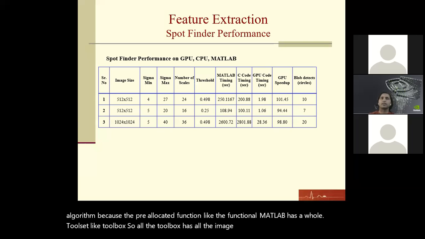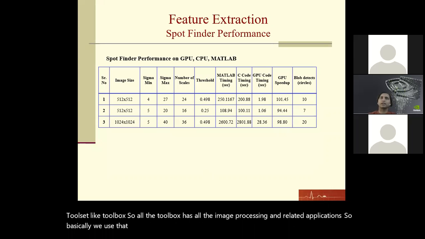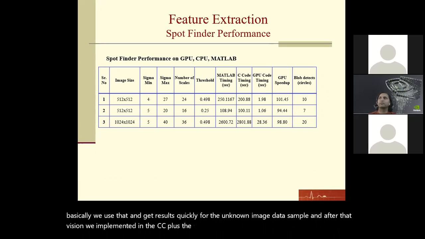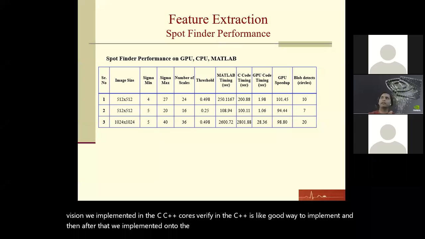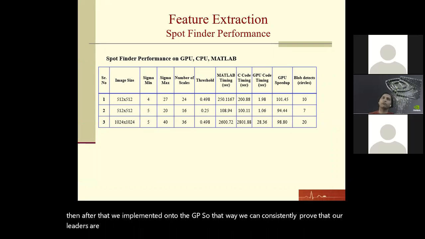So we use that and get results quickly for an unknown image data sample. After verification, we implemented it in C++ code, verified that C++ is a good way to implement it, and then implemented it on the GPU. That way we can consistently prove that our results work on the three platforms, MATLAB, C, and the GPU, and then count the circles.